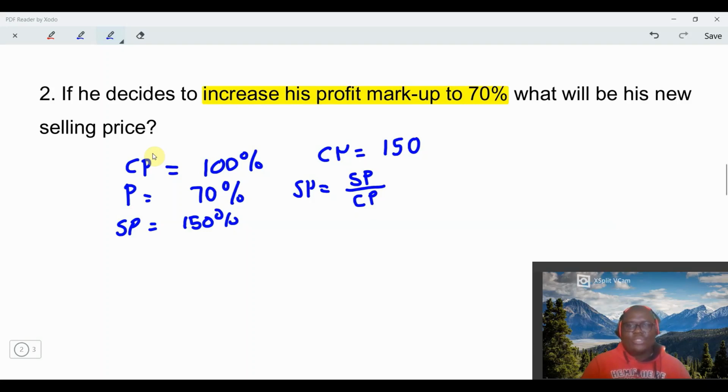You are given the cost price percentage, right? You know it's 100%, and then you multiply by the amount, and then from there your selling price will be, remember now things are changing. Your selling price is actually 170, not 150. It's 170, so you use that 170.